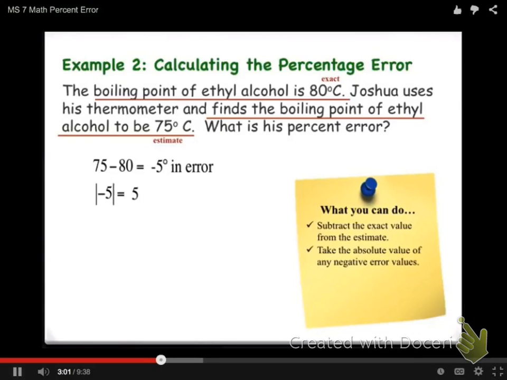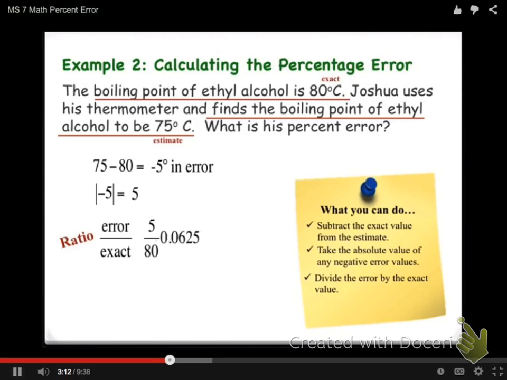Continuing with our steps, we will now divide the error by the exact value using the ratio error to exact. 5 divided by 80 is equal to 625 ten-thousandths. Lastly, convert this value to a percentage by multiplying by 100.